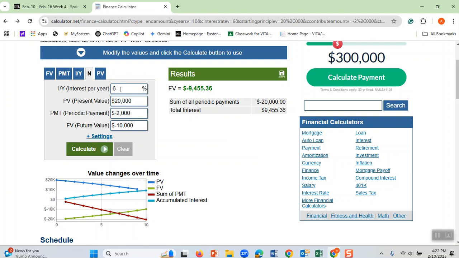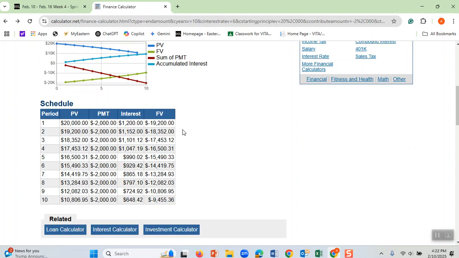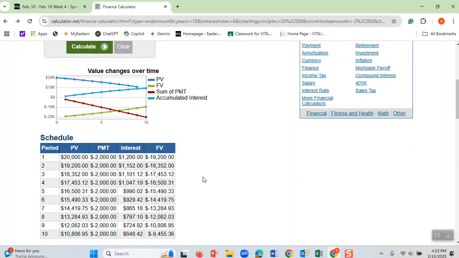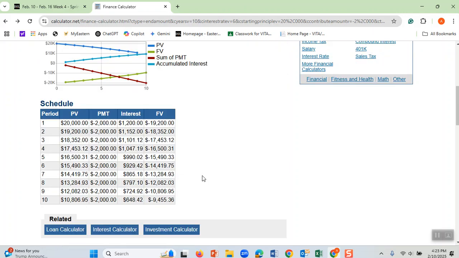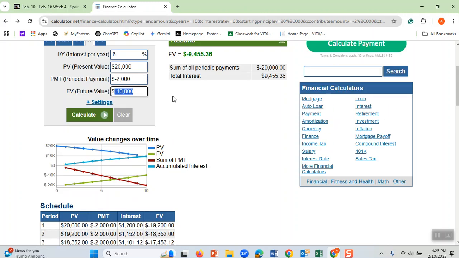N. Here is that when the interest rates are at 6%, Amazon borrows $20,000 from me, and I pay $2,000. What should be the number of years so that after 10 years I end up with a future value of my money of $10,000 in here?